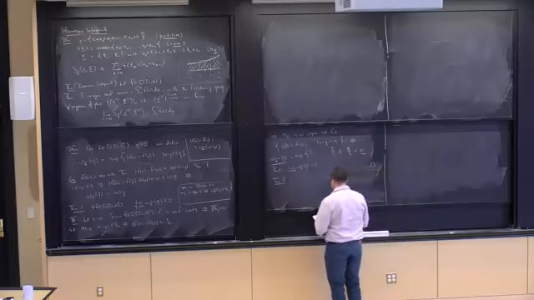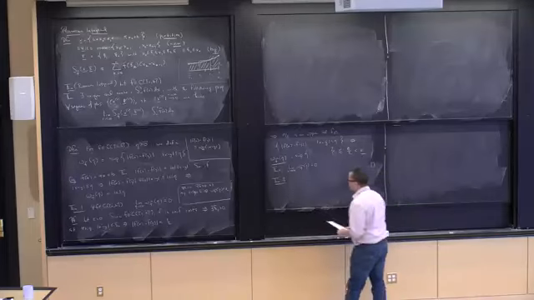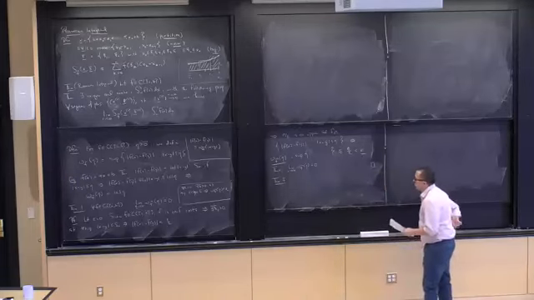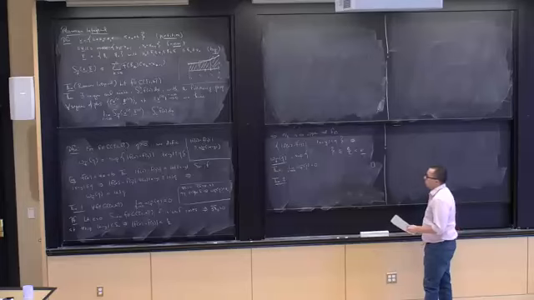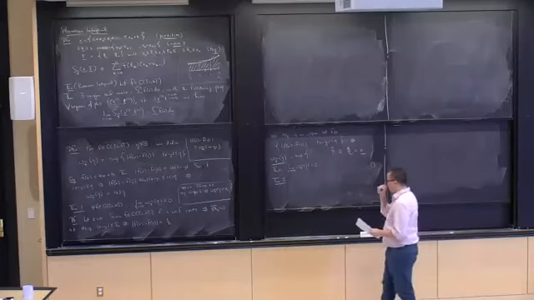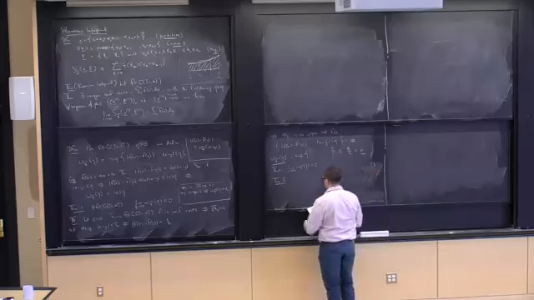So theorem 2 is the following. This is going to tell us how two Riemann sums are comparable if one partition is finer than the other.